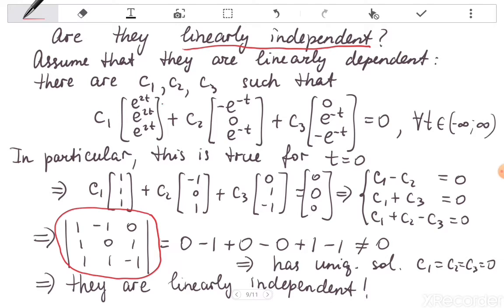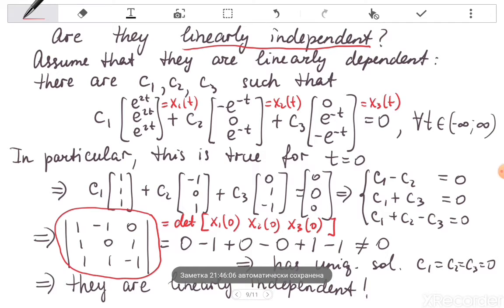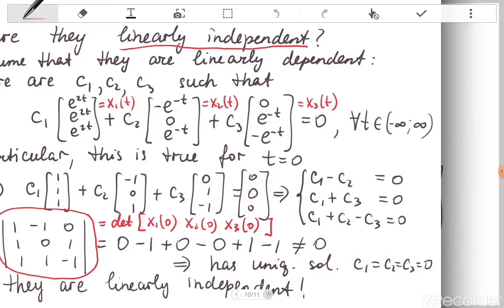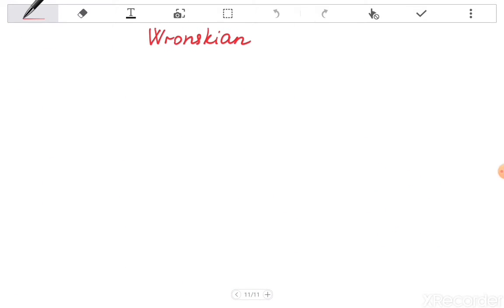If we denote our vector functions by x1 of t, x2 of t, and x3 of t, then this determinant is exactly the determinant of the matrix where the first column is x1 of 0, the second column is x2 of 0, and the third column is x3 of 0. And this determinant has a special name. The name of it is Wronskian.